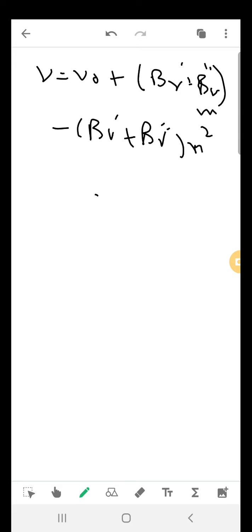And if we put del nu by del m is equal to 0, we get the value of m for the vertex.